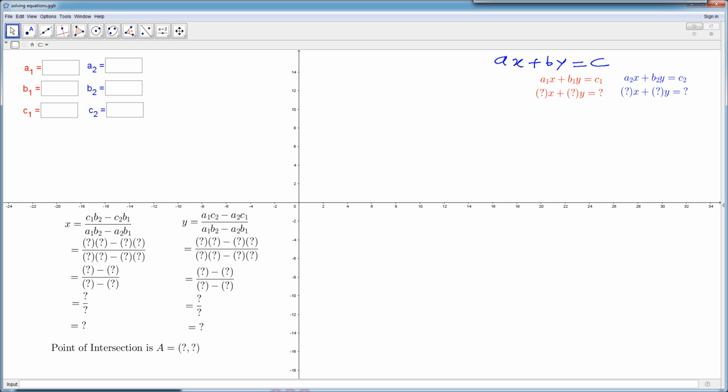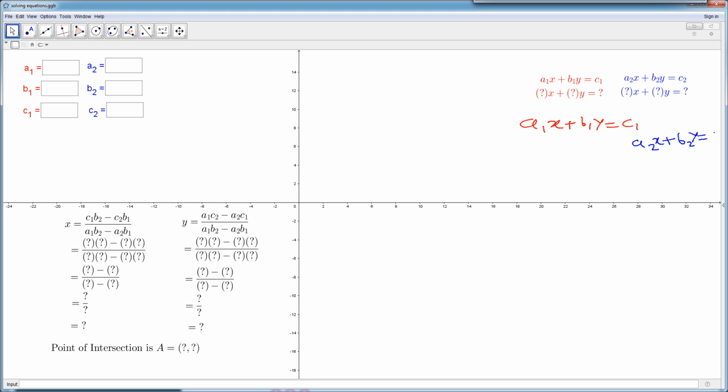So suppose we have two straight lines. The first straight line is a1x plus b1y is equal to c1, and the second straight line is a2x plus b2y is equal to c2.